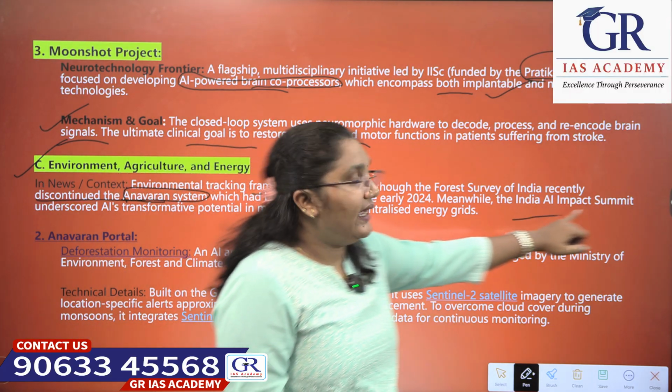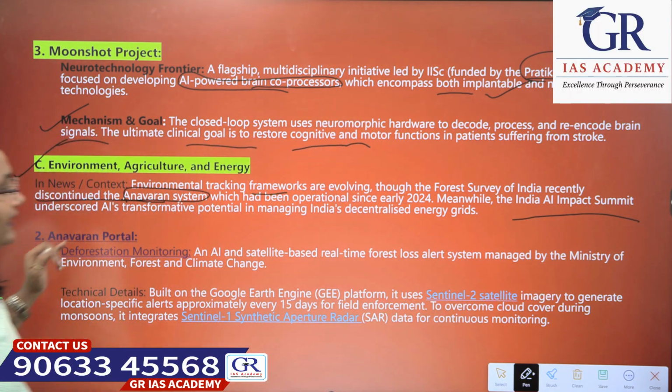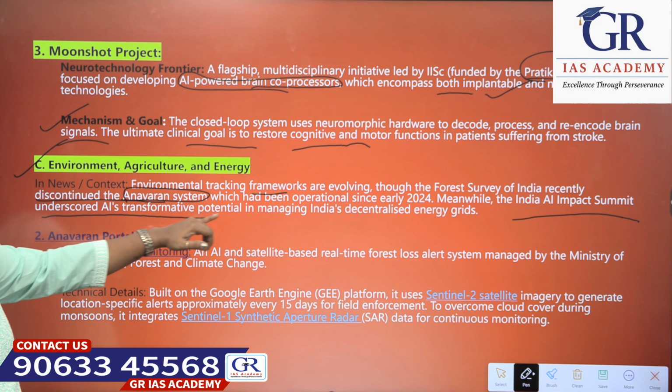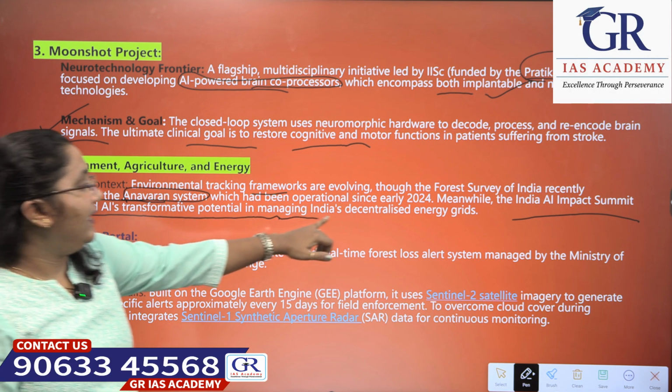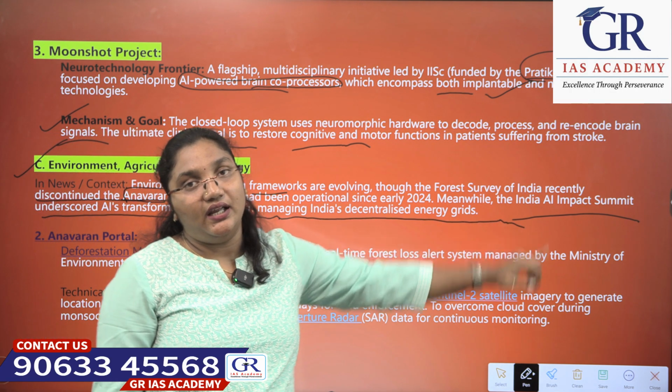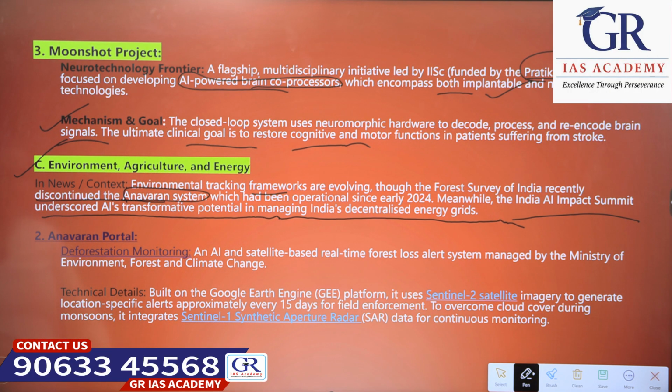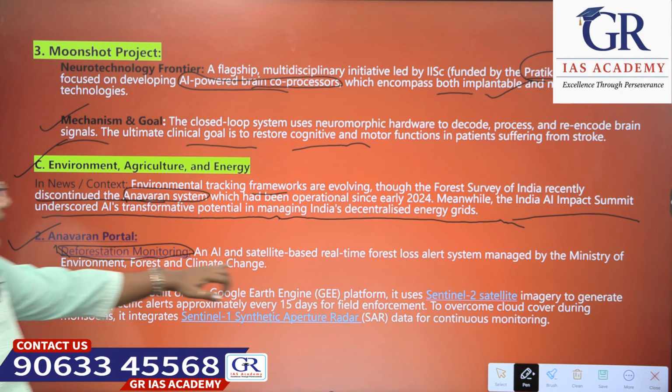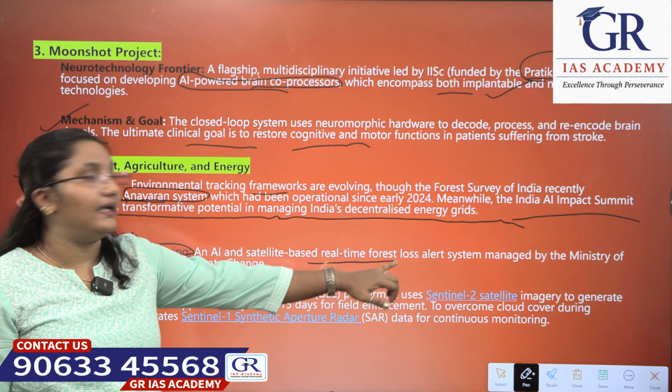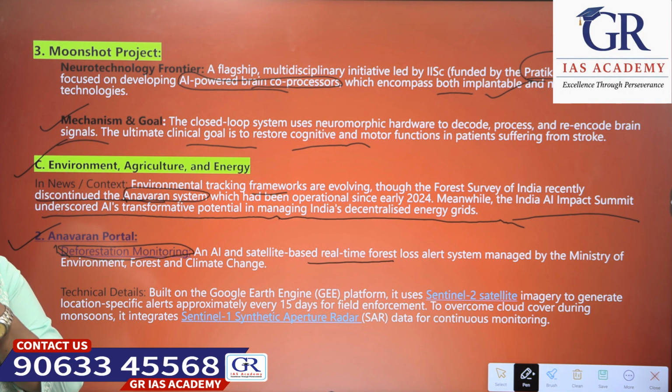Meanwhile, the India AI Impact Summit underscored AI's transformative potential in managing India's decentralized energy grids. Okay, now what is this Anavaran portal? We'll see. It is for deforestation monitoring, an AI and satellite-based real-time forest loss alert system.